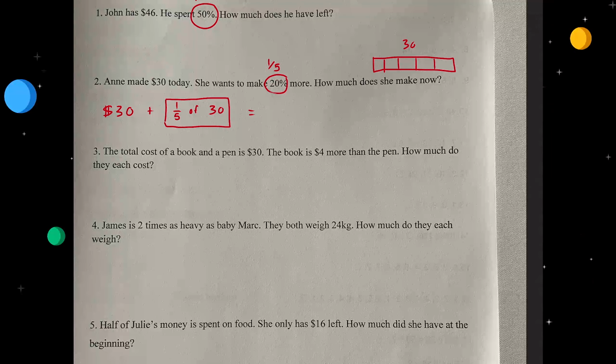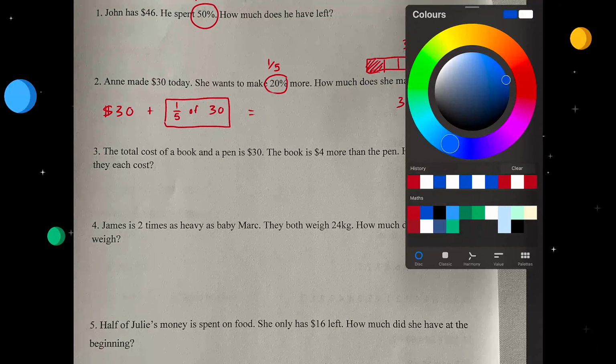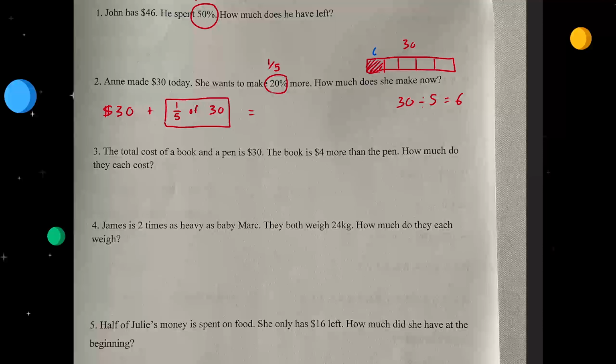Actually, maybe I can change this one. Hold on. Just think of it like a number with a question mark. So you got a question mark plus another question mark plus 4 is equal to 30. So let's rewrite that out. It looks something like this.